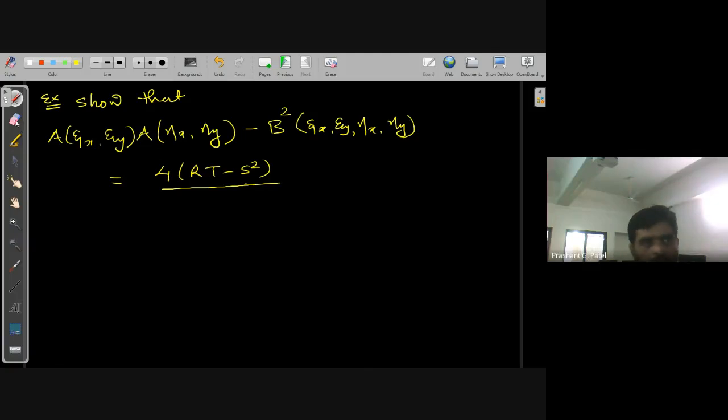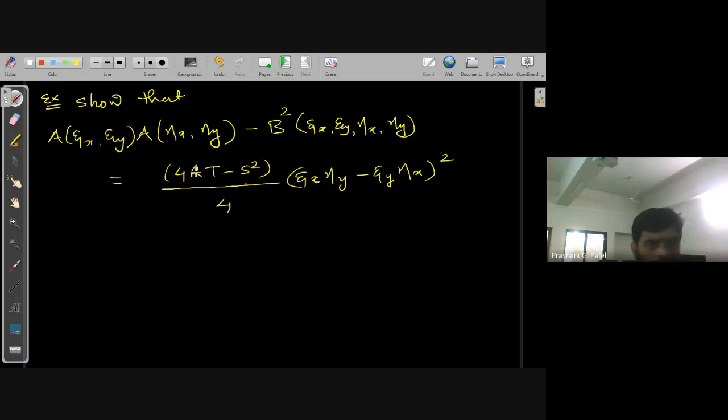So here it is 4 RT minus S square upon 4 into xi x eta y minus xi y eta x square. So this quantity you will have, and it is just a simplification.